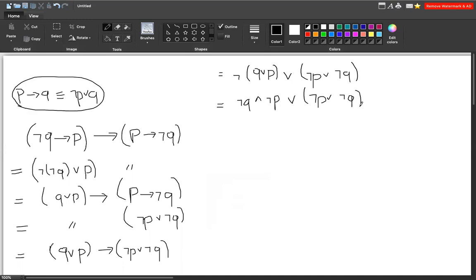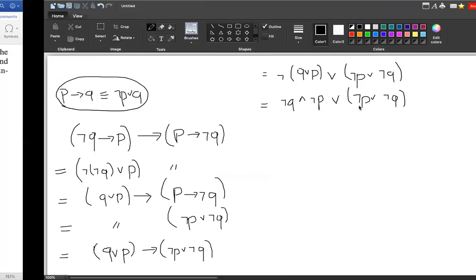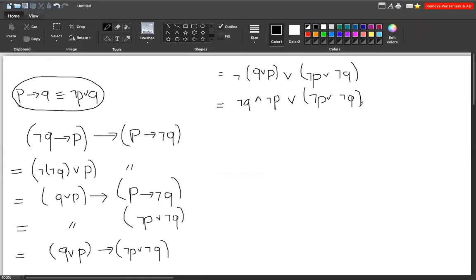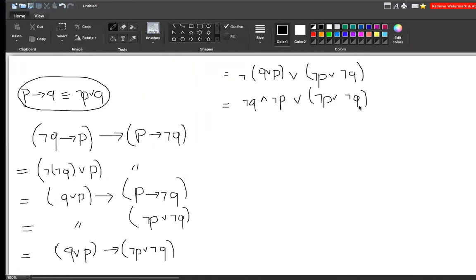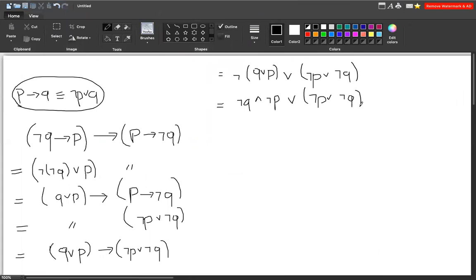Can it still be broken down from this? Because in the textbook I saw the answer was negation of P or negation of Q, and I was wondering how they got it. Yeah, we have not yet reached the answer.